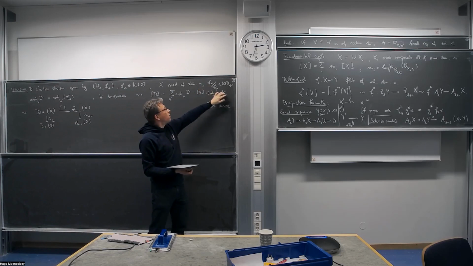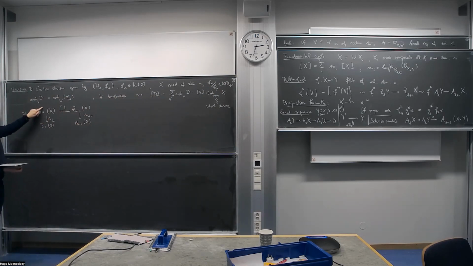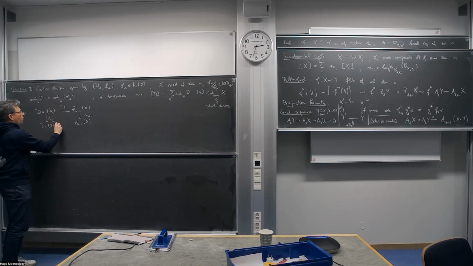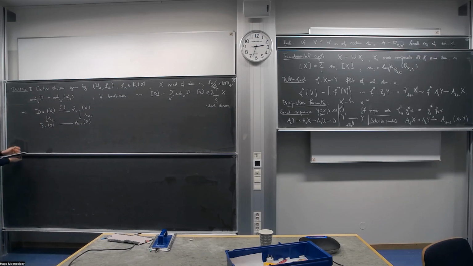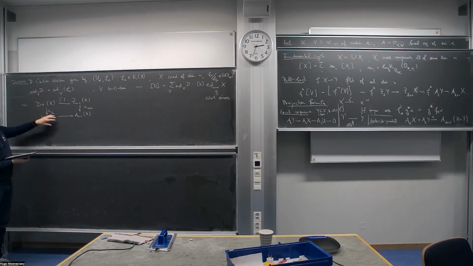So this gives the line bundle, and this is called linear equivalence, going from here to here. The idea is that this is homology in degree n-1.